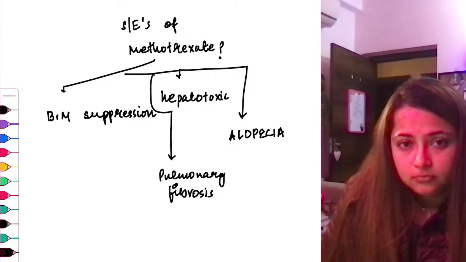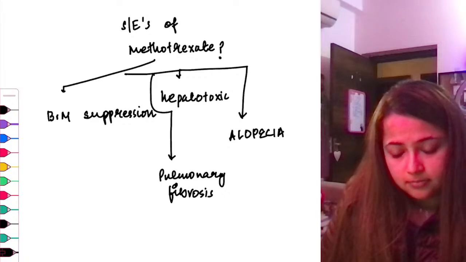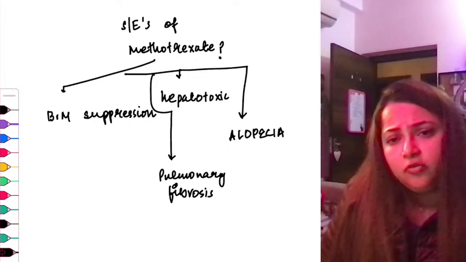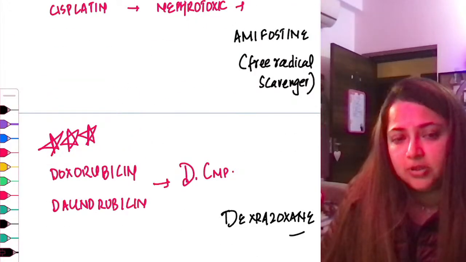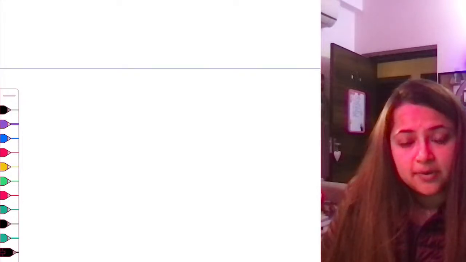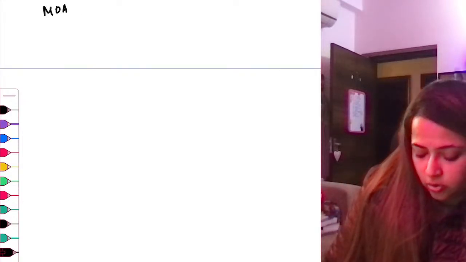Now, if someone is taking methotrexate and the patient is experiencing any of the side effects of methotrexate, how would you cope with them? First of all, what is the mechanism of action of methotrexate?